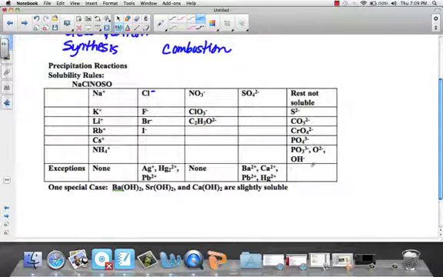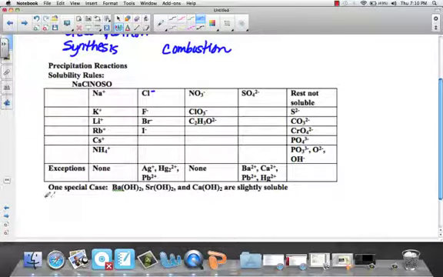And then basically the rest are insoluble: your sulfides, your carbonates, your chromates, your phosphates, your phosphites, your hydroxides, and your oxides. Now there is one special case with your hydroxides: barium, strontium, and calcium are slightly soluble.